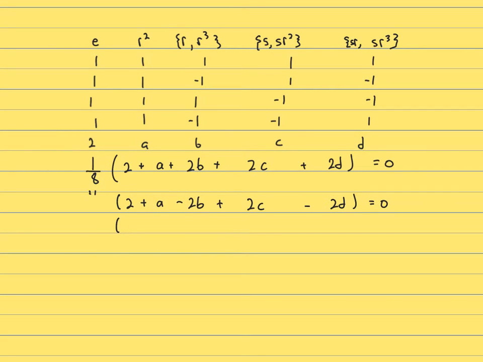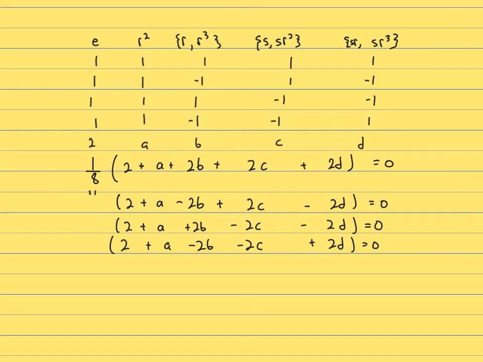The next equation is 1/8 times 2 plus a plus 2b minus 2c minus 2d. And finally, 2 plus a minus 2b minus 2c plus 2d. All that's equal to 0. So to make life easier, multiply through by 8.